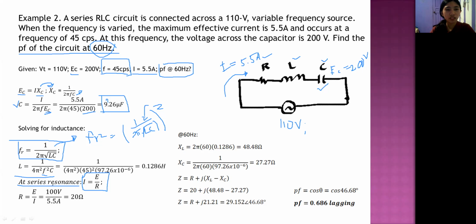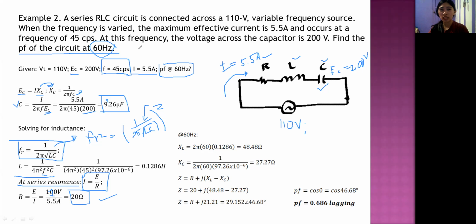The given here is 110, but then I have calculated it to 100, I mean 110. 110 divided by 5.5. Oh, yeah, it's just a typo here, but the answer is correct. So we'll have 20 ohm resistance.